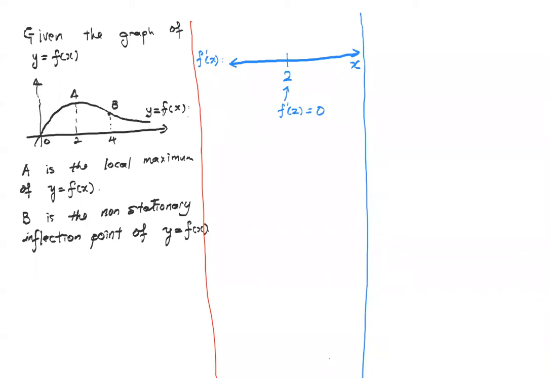Am I right? Whatever value I mark on the sign diagram is either undefined, if it's the dotted line, or it is the x-intercept of that function. So straight away, I say f prime 2 equal to 0. Okay, now for x less than 2, what should the sign be for that region?